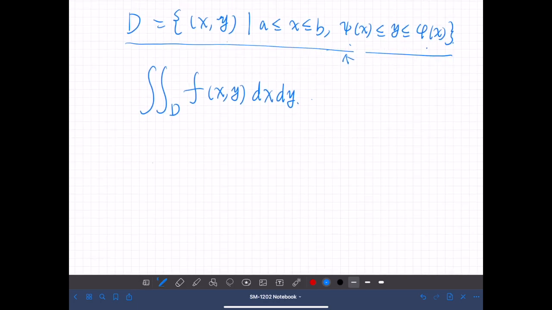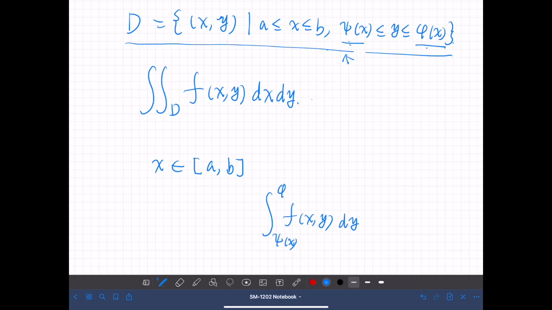So first consider fixing the value of x in this interval between a and b, and consider the integral of this function. This is now regarded as a function of y, and from this value to this value, phi of x to psi of x.